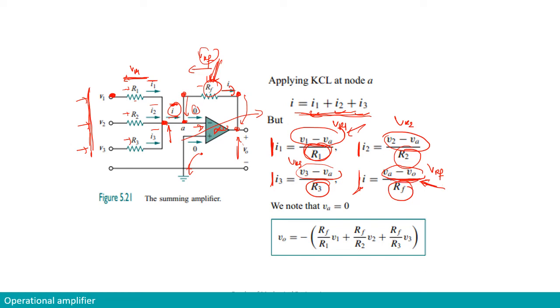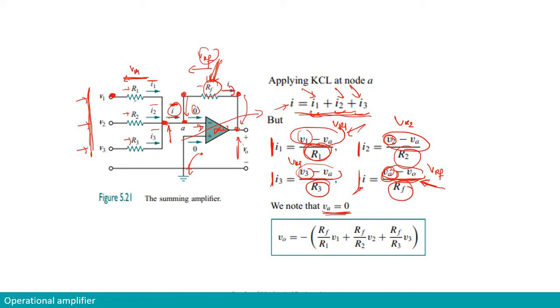So now we have the definitions of I1, I2, and I3, because we know what V1 is, we know what V2 is, we know what V3 is, and we know what VA is. What is VA? I think by now everyone knows that VA equals 0. Why does VA equal 0?